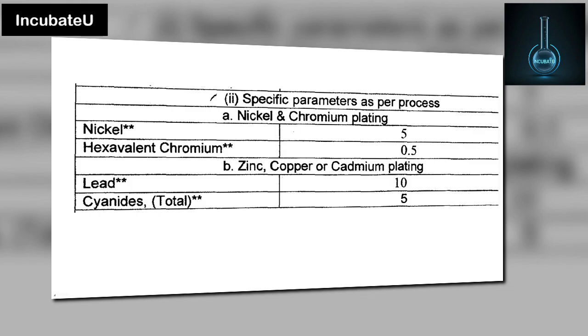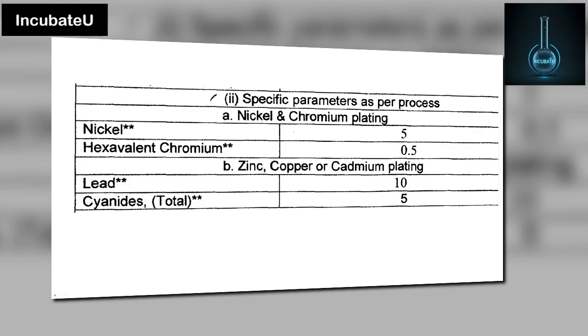Now come specific processes such as nickel and chromium plating, zinc, copper or cadmium plating. For nickel and chromium plating, the requirement for monitoring is nickel, which has a limit of 5 milligram per Nm cube, and hexavalent chromium as Cr+6 with a limit of 0.5 milligram per Nm cube.